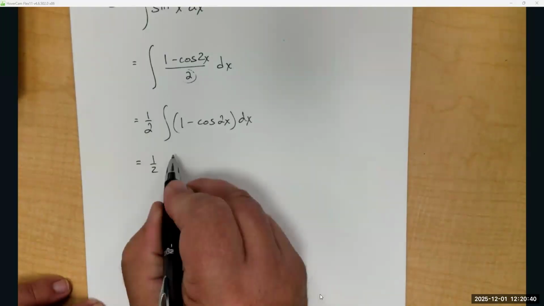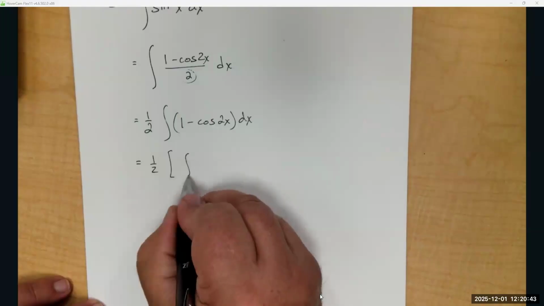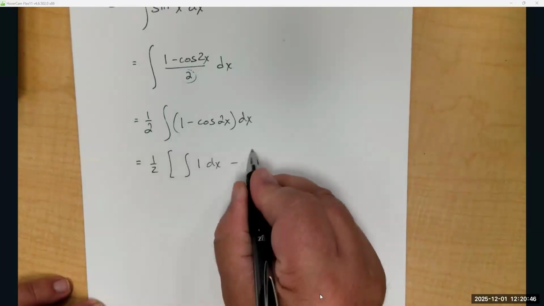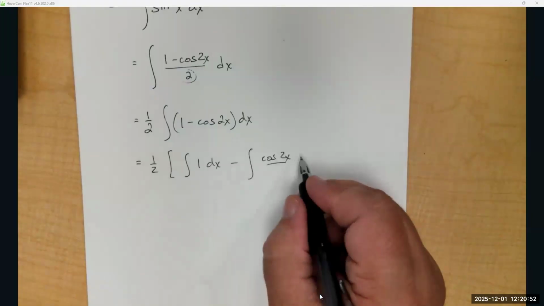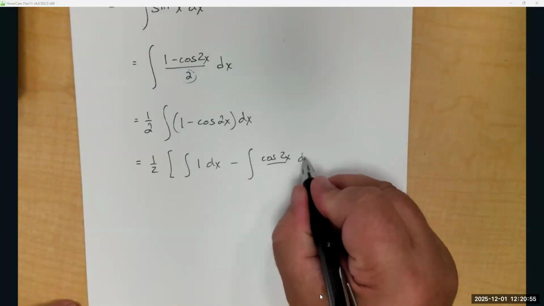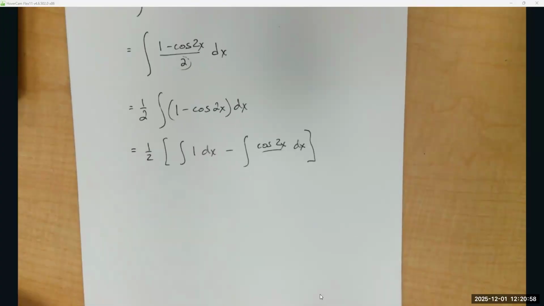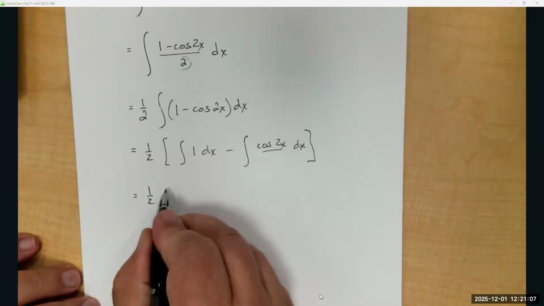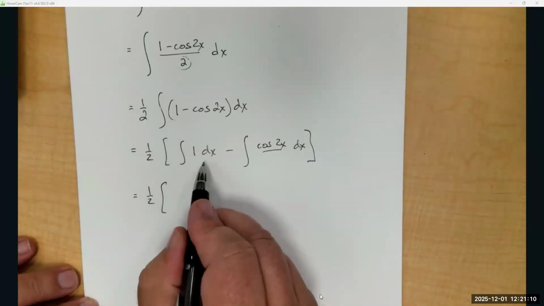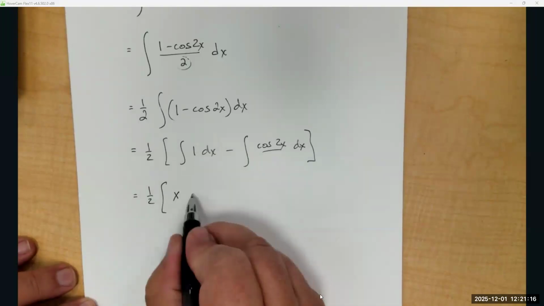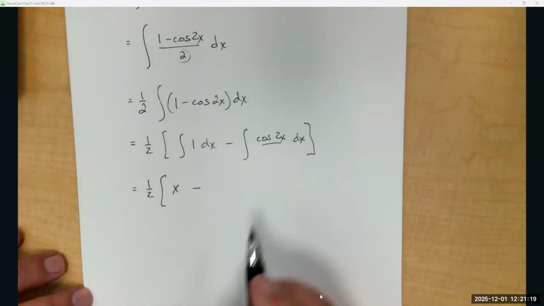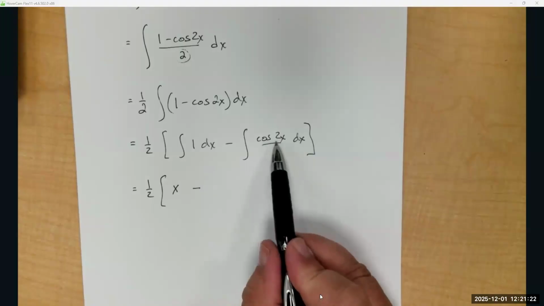So it's 1/2 integral of 1 dx minus the integral of cosine 2x dx. What's the integral of 1 dx? That's an easy one. How about this one? What's the integral of cosine 2x?